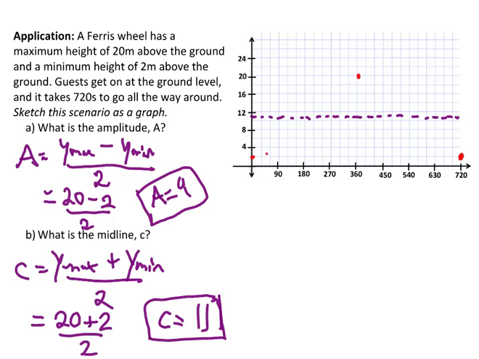The quarter-way mark, or halfway in between the max and the min, would be 180, and we'll cross the midline at that moment, so that's sort of like, not an x-intercept, but a midline intercept, I guess you could say, and the halfway point here will be right there, halfway between max and min again. Then you can connect your dots with a nice function to see the sinusoidal function there. All right, and there it is. So there's our sketch.